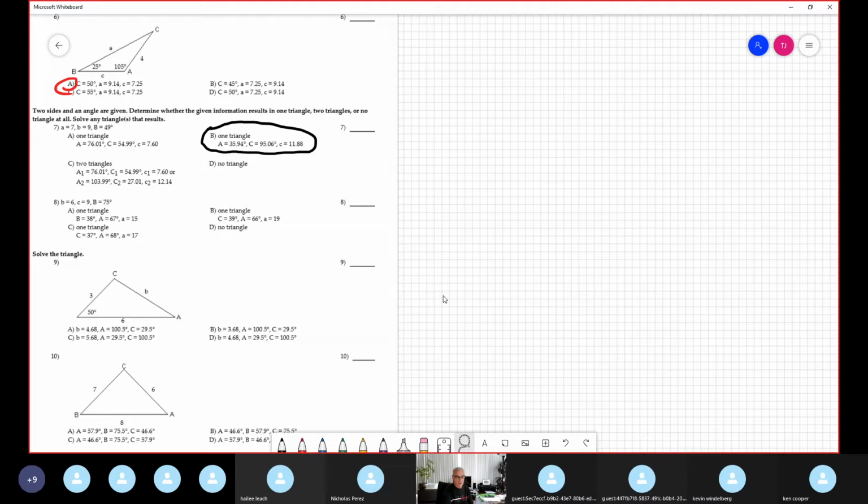I know that this situation is ambiguous. Ambiguous means that we have different possibilities, a lot of degrees of freedom. You have two triangles, one triangle, or no triangle. When you have two angles, AAS, we have only one triangle.